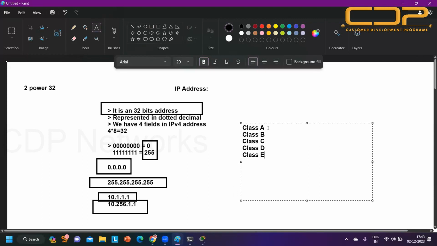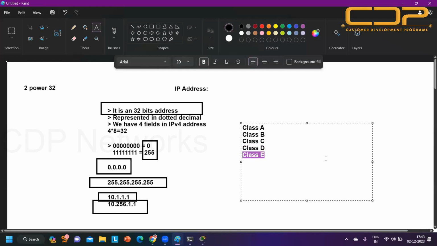I must tell you, class D and class E are not for you. These two classes are not for network engineers. Class D is used for multicasting and class E is used for research, like ISRO, NASA.